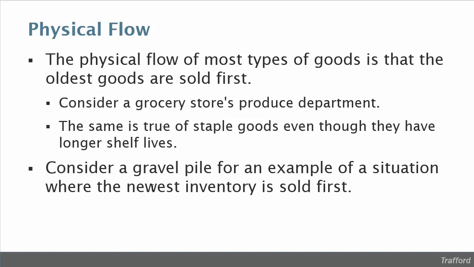When they sell to a customer, the customer is going to get the gravel that's on top of the pile, or the newest gravel. So in effect, they're selling their newest inventory first because of a physical limitation. That first initial little pile of gravel, that's going to sit there forever unless they completely liquidate their inventory at some point in the future.